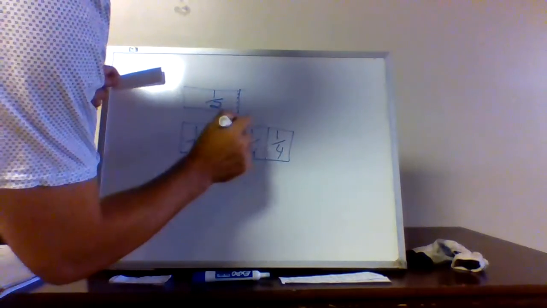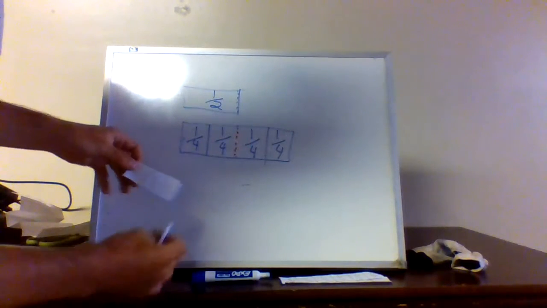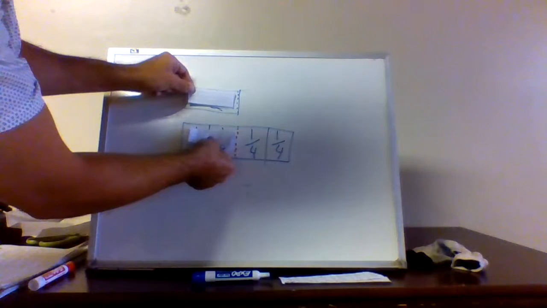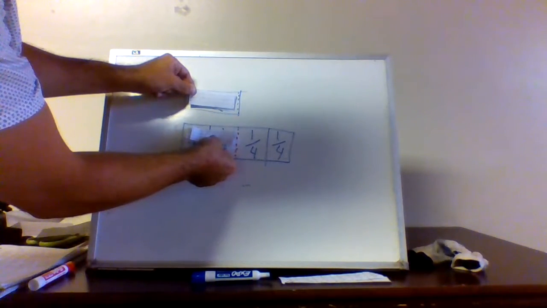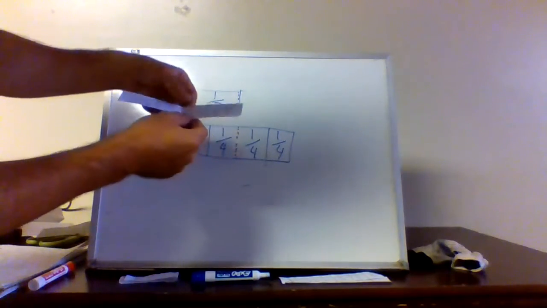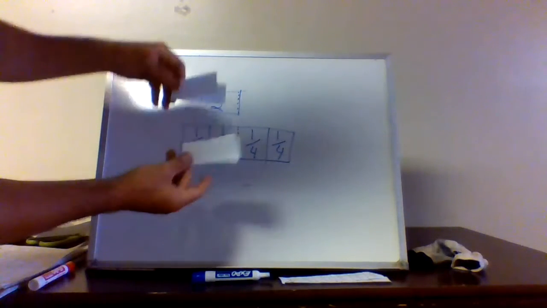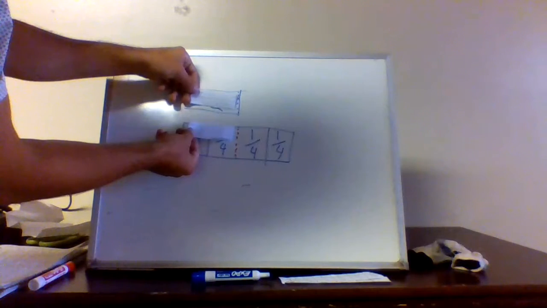And we can see that our 2 pieces of paper are of equal length. So now what we want to do is mark how many fourths are equivalent to the amount of halves.